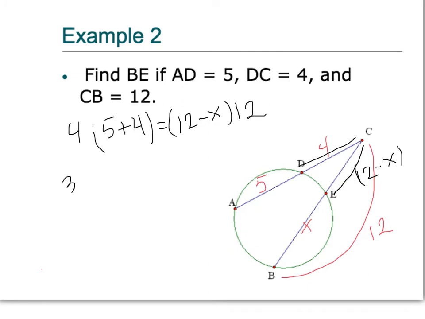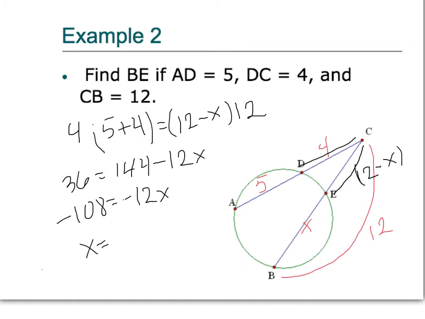So I'm going to have 36 here equals 144 minus 12x, and once I simplify, I get negative 108 equals negative 12x. Divide both sides by negative 12, and I have x equals 9. Are they asking me for x? Let's check it again. I labeled BE x, and yes, they are asking me for BE, which I labeled x, which is 9.